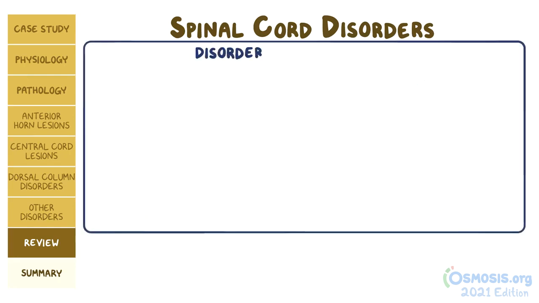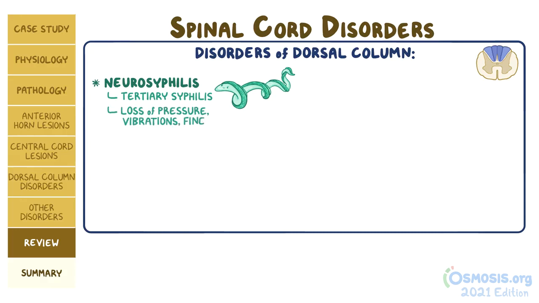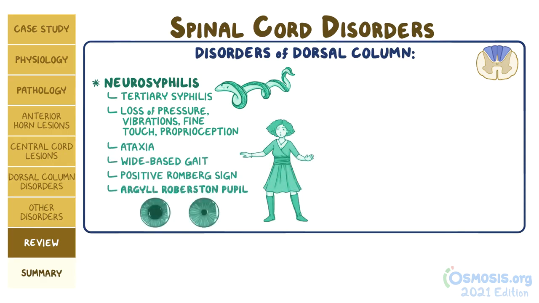Third, there are disorders affecting the dorsal column. These include neurosyphilis, which is a manifestation of tertiary syphilis and usually affects the dorsal spinal columns, causing loss of pressure, vibrations, fine touch, and proprioception, ataxia, wide-based gait, and a positive Romberg sign. A key sign is Argyll-Robertson pupil.